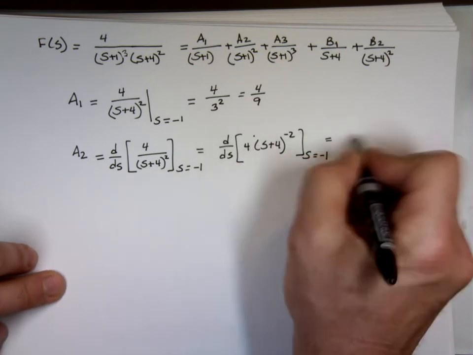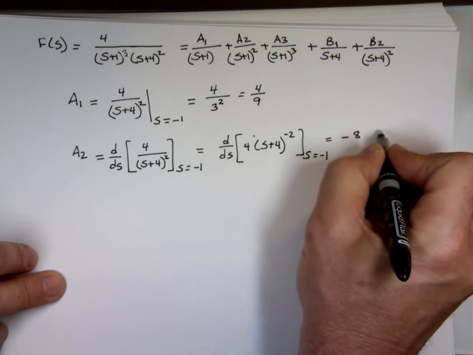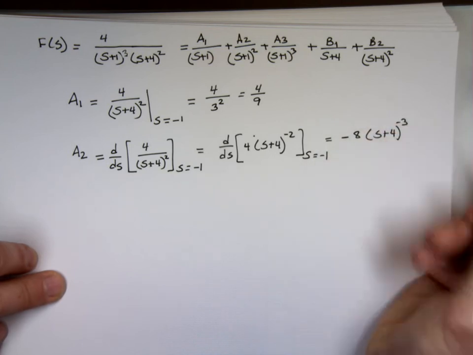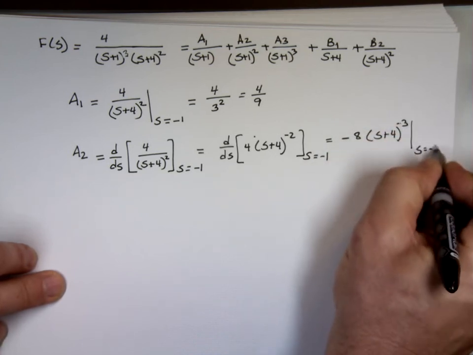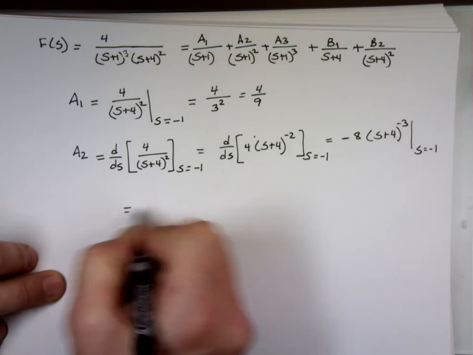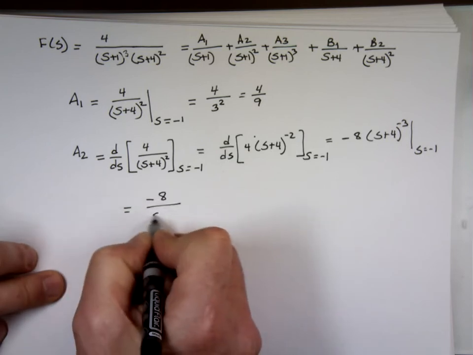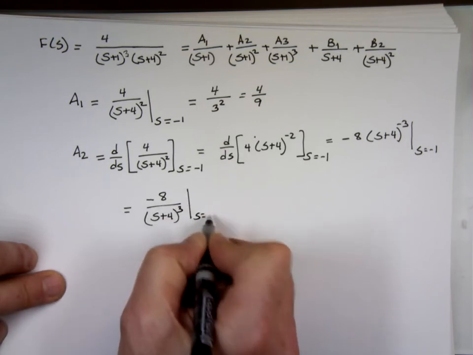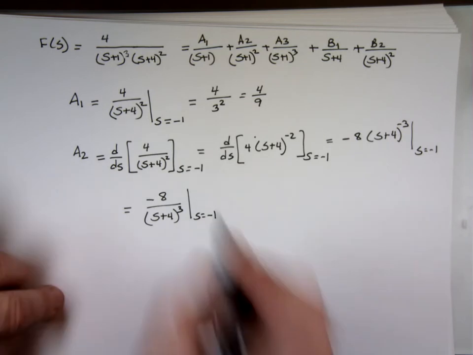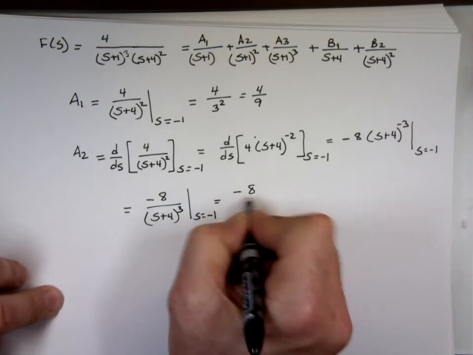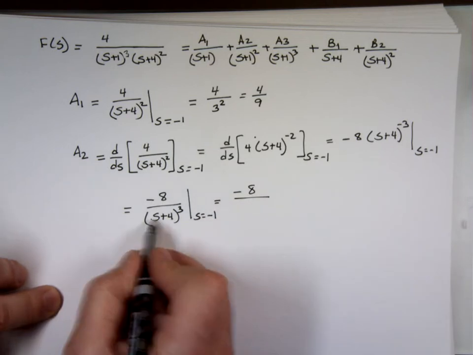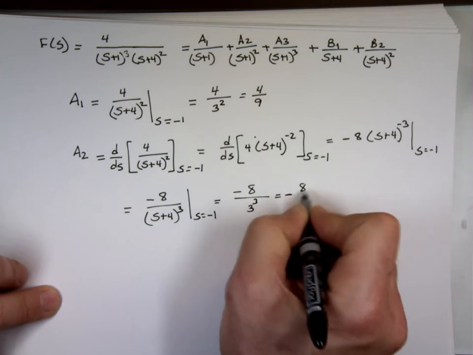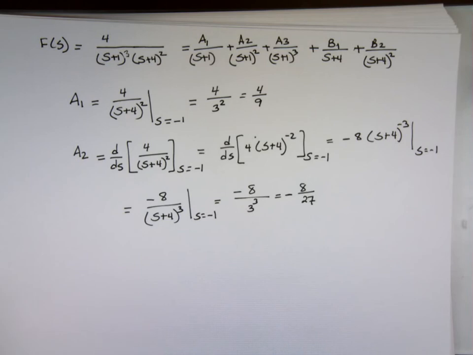That's a negative 8 times s plus 4 to the negative 3 times the derivative of what's on the inside, which is a 1. So that's equal to negative 8 over s plus 4 cubed, when s equals negative 1. That's negative 8 over minus 1 plus 4 is 3 to the third power. Is that 27? Negative 8 over 27.